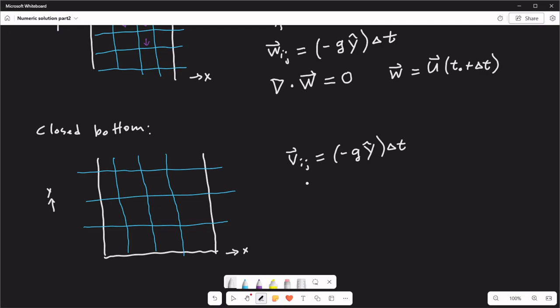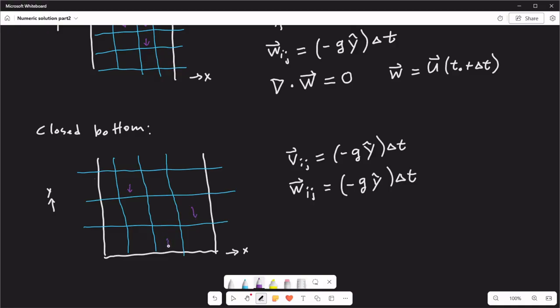Again, I'm going to assume that the velocity was originally 0, so the W at the end of this time step, Wij, is going to equal g y hat t. So if I try to draw the V's, again the V's are all going to try to just go downwards.